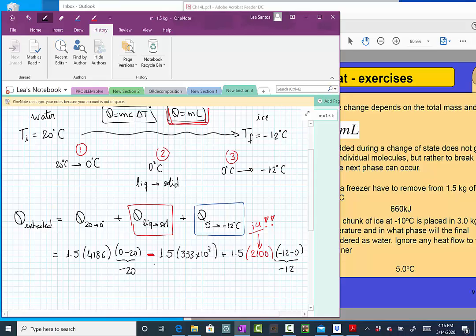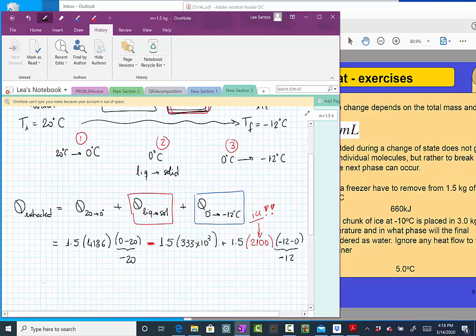There is the story of extraction: we write mL with a minus sign when we are extracting energy. If you put all these numbers there, you get that this total Q extracted is minus 660 kilojoules. This is how much the freezer extracted from this water to transform it into ice and lower its temperature all the way to minus 12.